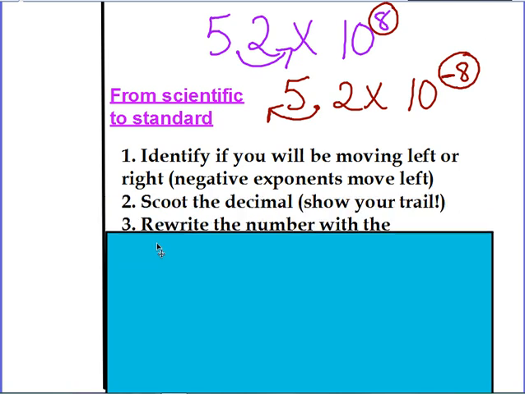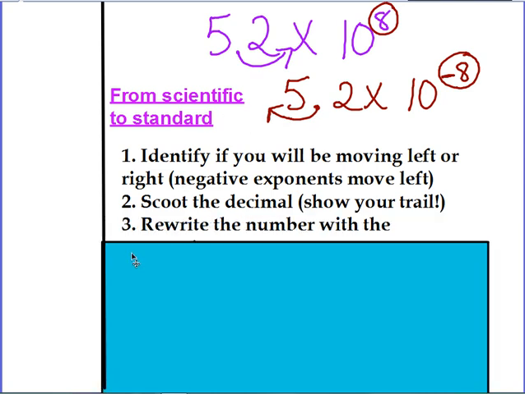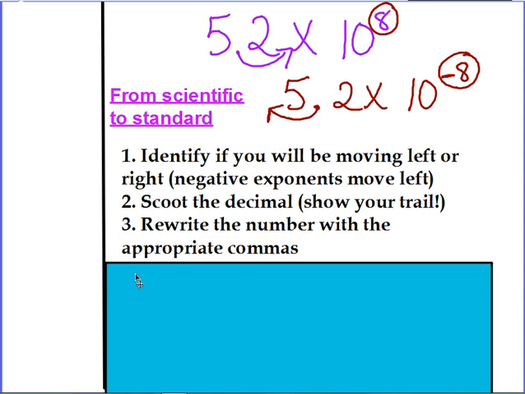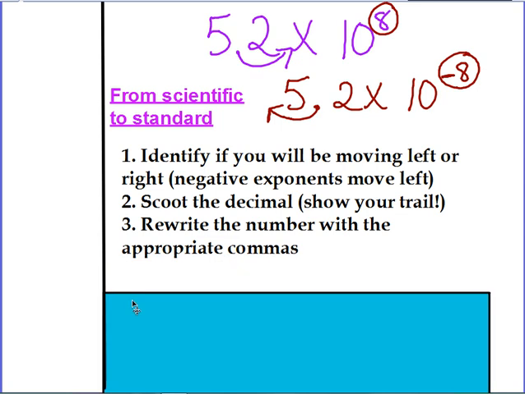Next, you're going to scoot the decimal and you're going to show your trail. Remember, the number is going to be how many times it scoots. So this one would scoot right 8 places. This one would scoot left 8 places. You're going to rewrite the number with the appropriate commas, and that's going to be your last step.